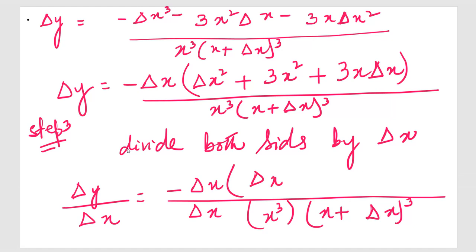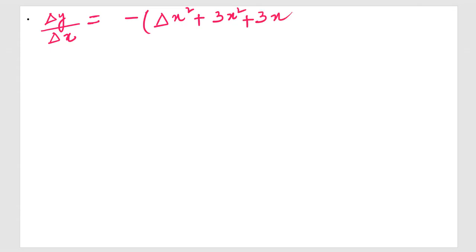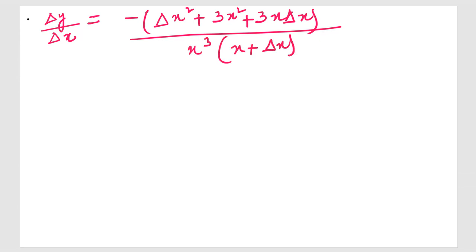Here we have delta x square left, 3x square plus 3x delta x. Right, so this delta x will cancel each other. Now whatever is left I am going to write down here. Delta y over delta x is equal to negative delta x square plus 3x square plus 3x delta x, over x cube into (x plus delta x) whole cube.